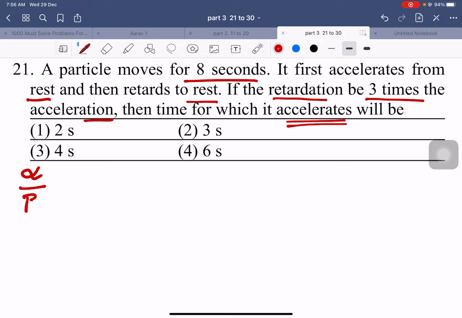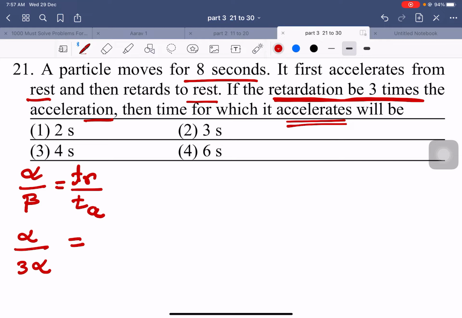So we know that acceleration divided by retardation is equal to time of retardation divided by time of acceleration. What is given? Retardation is 3 times the acceleration. So alpha divided by 3 alpha, and one more point I have is the total time for which the particle moves is 8 seconds.